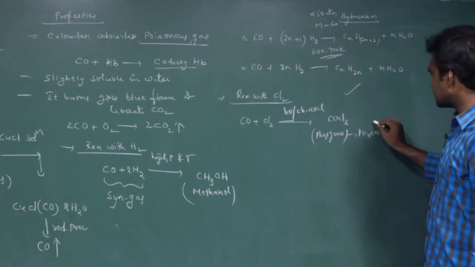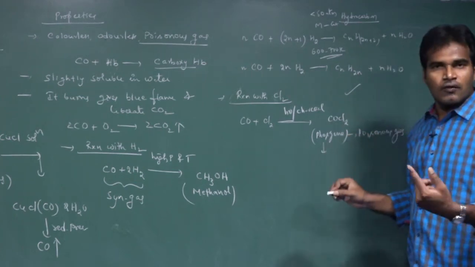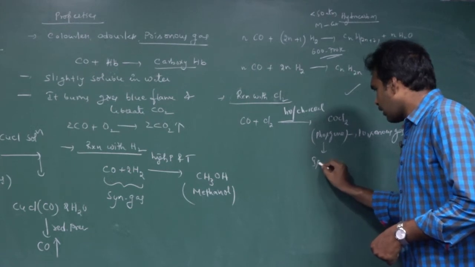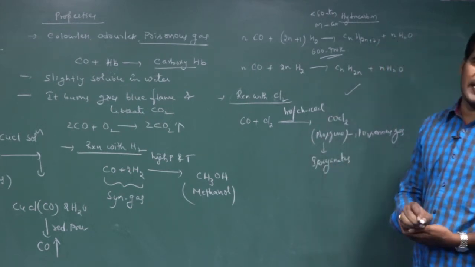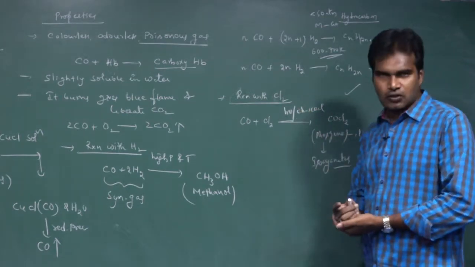This poisonous gas, phosgene, is used for the preparation of isocyanates. So this is about the reaction with chlorine.